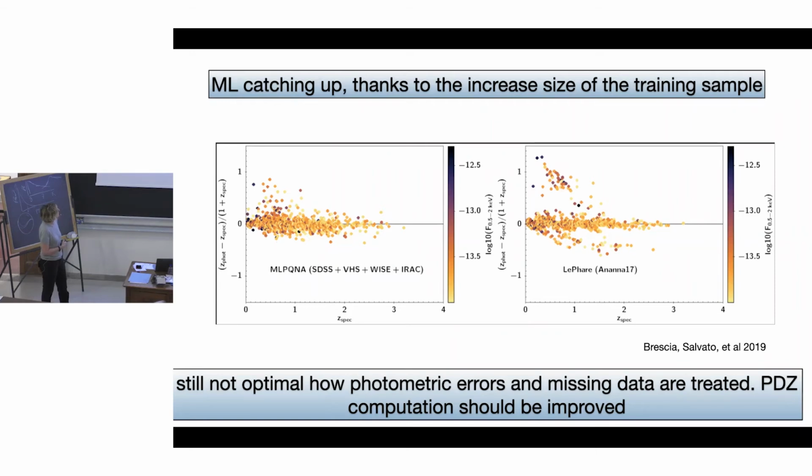This is machine learning, with work that we did with Massimo Brescia, one of the organizers of this meeting. This is the spectroscopic redshift, and this is the difference between the redshift computed and the spectroscopic one, divided by 1 plus z spec. Here is the high-redshift universe. I have fewer objects.